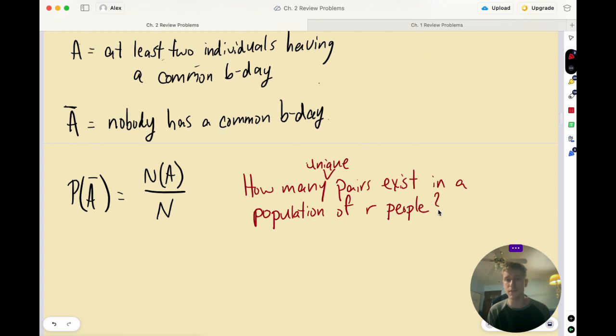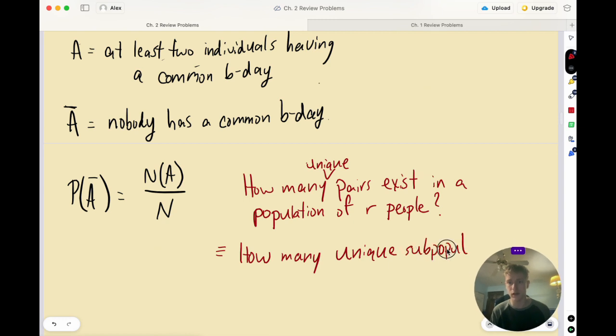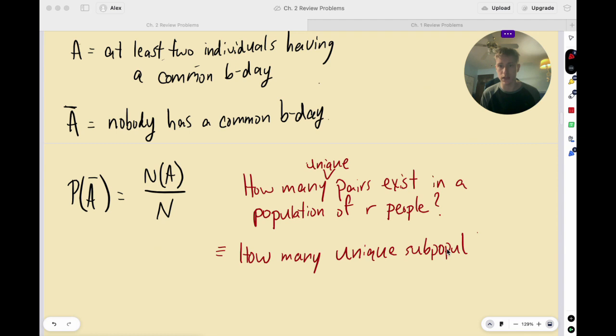Or, reframed a different way, how many unique subpopulations, there's that word, subpopulations, of size 2 from a population of size R?